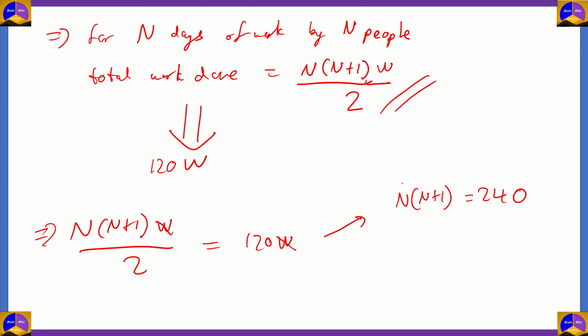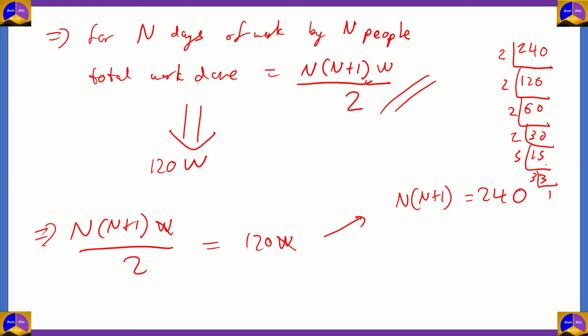Now we need to find two numbers which are adjacent to each other and whose product would give you 240. A good way to do this is by using prime factorization. So 240 divided by 2 gives you 120, divided by 2 gives you 60, divided by 2 gives you 30, divided by 2 gives you 15, divided by 5 gives you 3, and divide that by 3, you get 1.